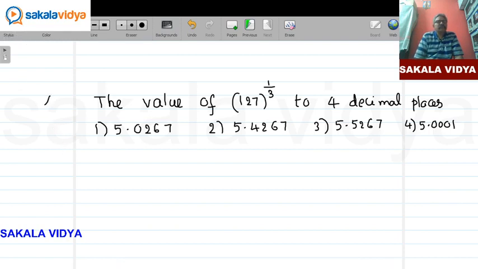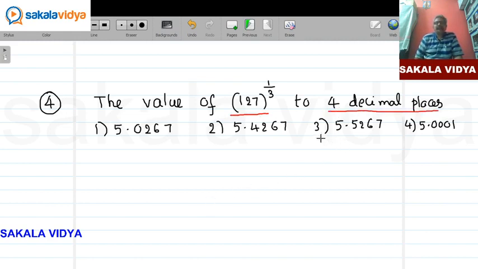Okay, question number 4. This is the question. So now let us come to the value of cube root of 127, up to 4 decimal places we need to find out.